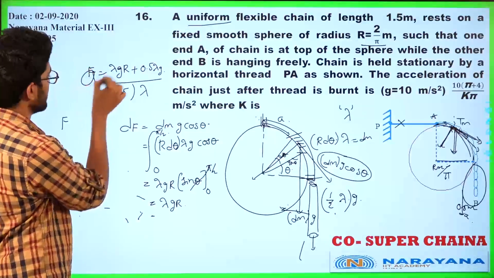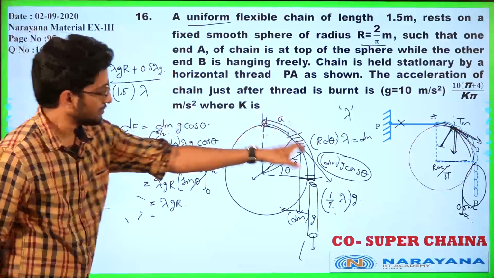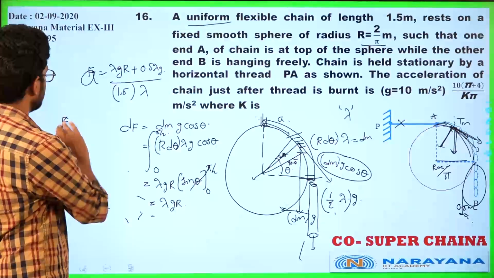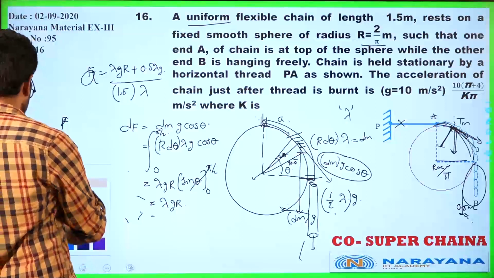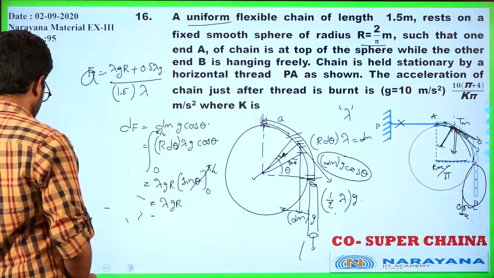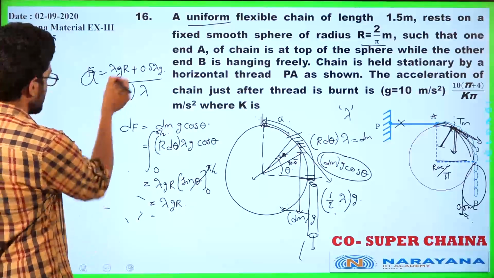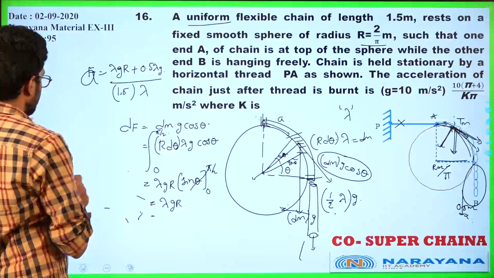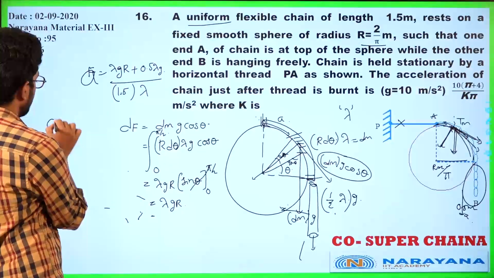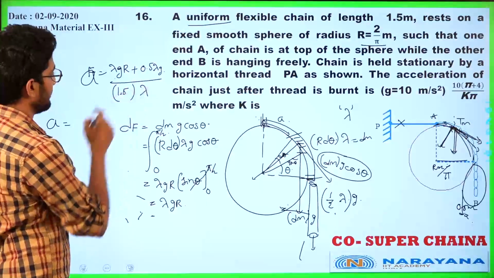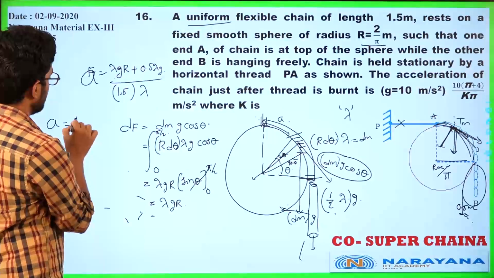So this is the acceleration, final acceleration. This is force acting on this plus force acting on this. Okay. So lambda gets cancelled. So I get acceleration as, moving to the next slide, ZR plus lambda Z by 1.5.